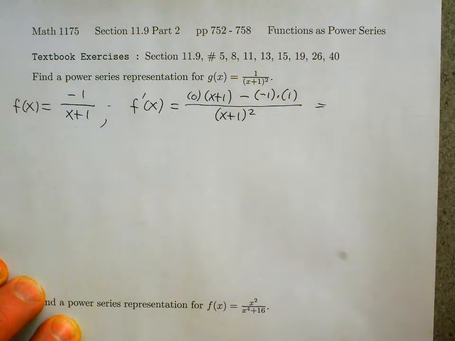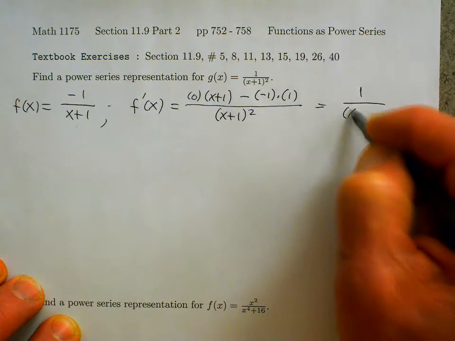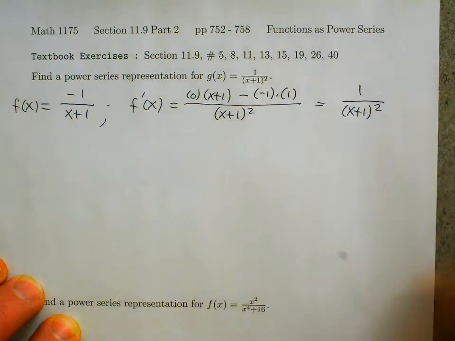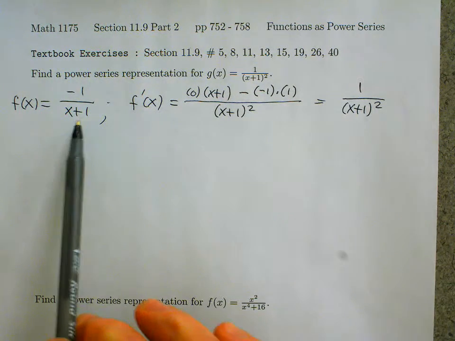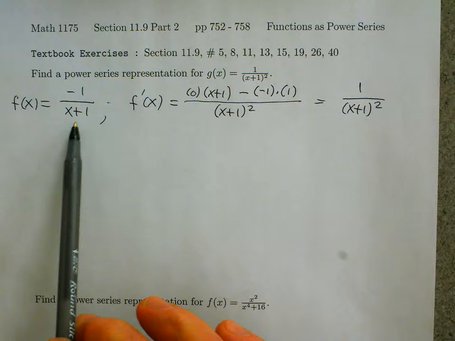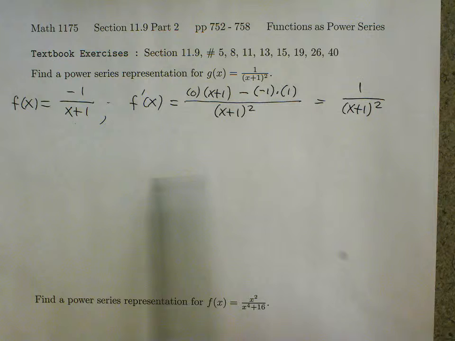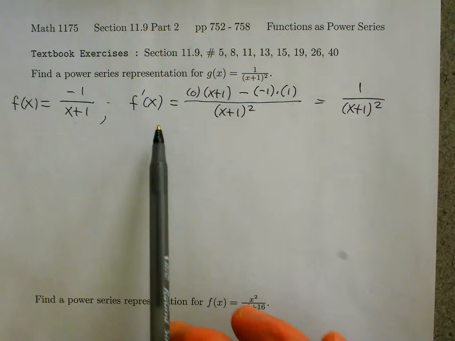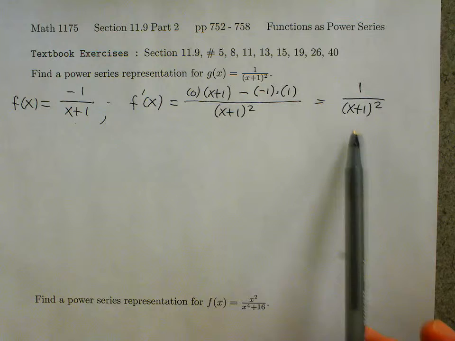And this simplifies to 1 over x plus 1 squared. Okay, so if we write down the power series for negative 1 over x plus 1, and then take the derivative term by term, that will give us the power series representation for 1 over x plus 1 squared.